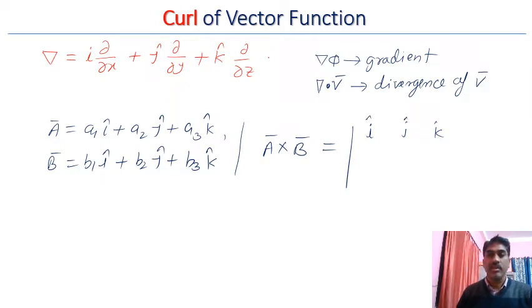The second row is the components a1, a2, a3, and the third row is the components of b, so b1, b2, b3. This we also learnt in the first introductory lecture, and now we will need it to solve questions.